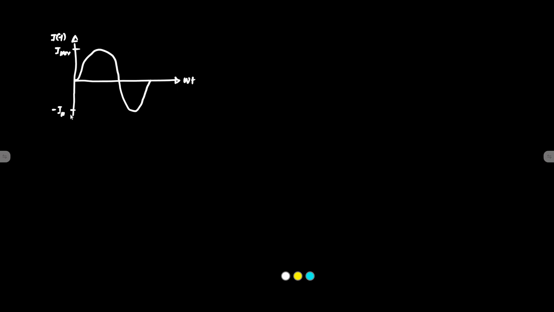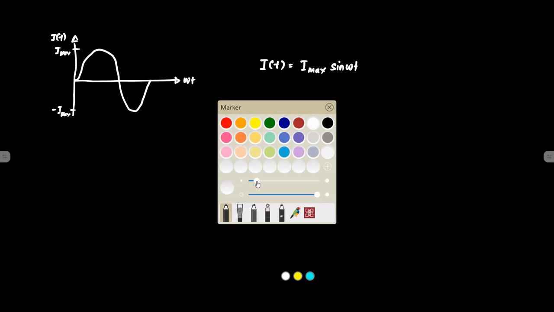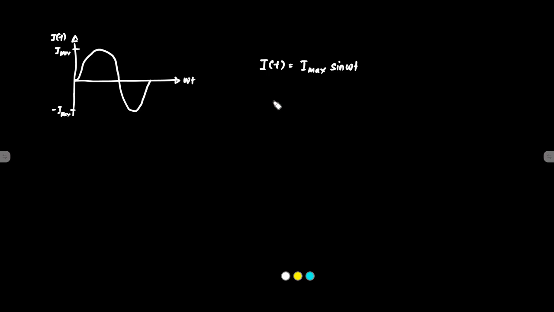So it is given by i(t) is equal to I max sine omega t. Let's reduce the thickness a bit, it's too thick. Okay, this is the alternating current, i(t) equal to I max sine omega t, with angular frequency omega, amplitude I max, and time instant t. This is the instantaneous value.